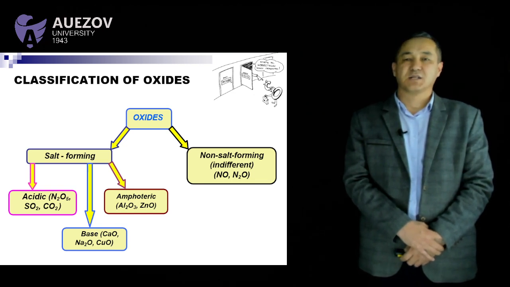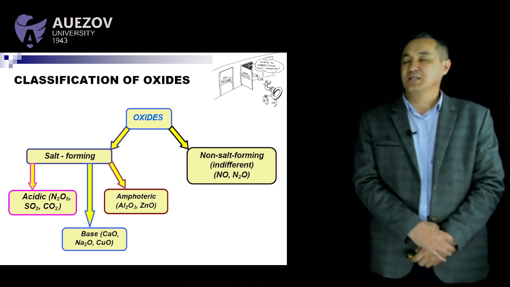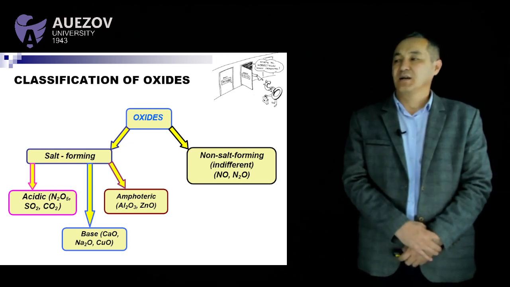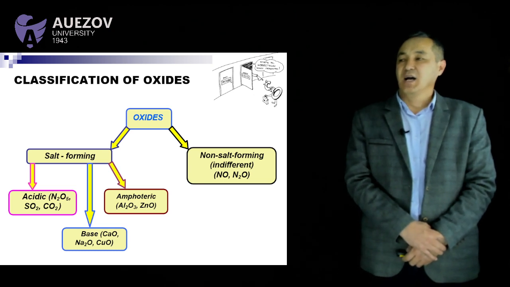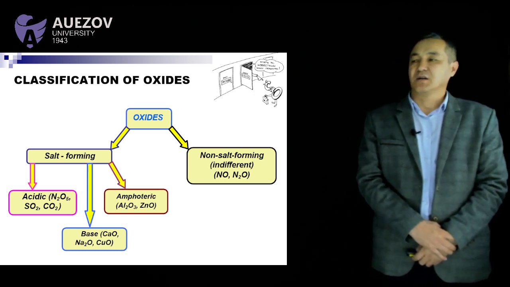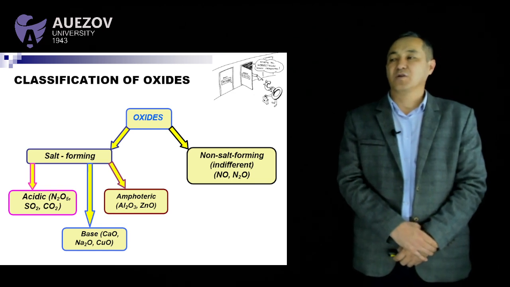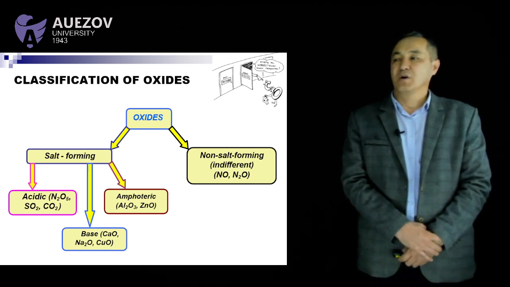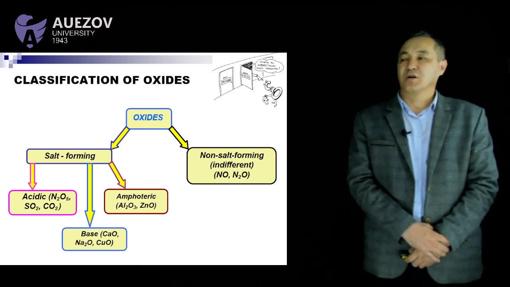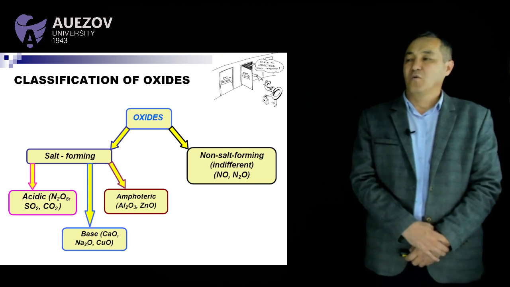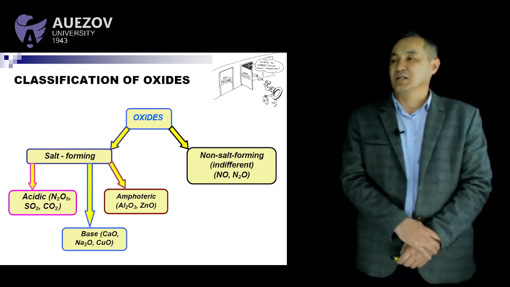Salt-forming oxides divide into three types: acidic, basic, and amphoteric oxides. And for non-salt-forming oxides, we can take nitrogen oxide and nitrogen dioxide.